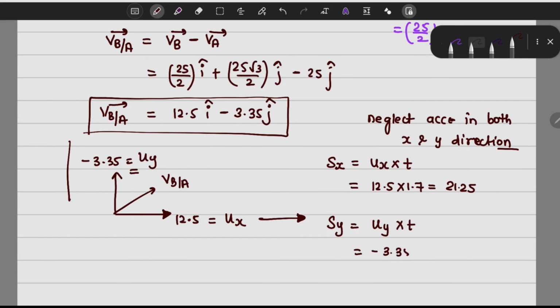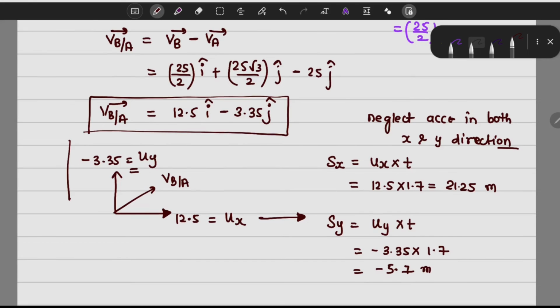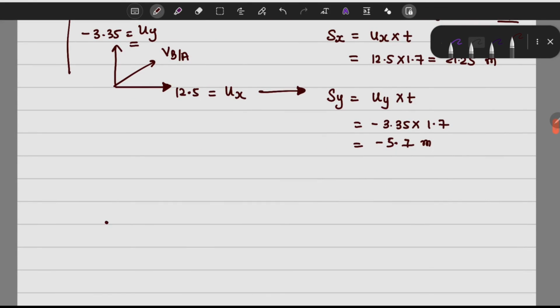Minus 3.35, into what is time? 1.7 seconds. So minus 3.35 into 1.7 is equal to minus 5.7 meters.